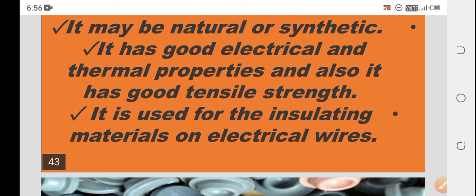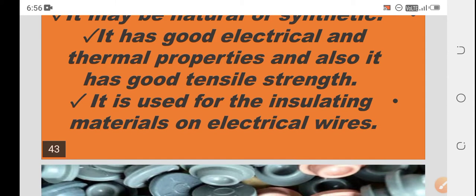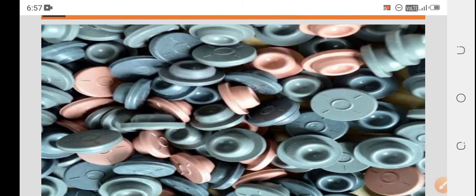It is used as insulating material on electrical wires. So right now the electrical cables are made with this rubber. The copper wire is covered with the rubber, where rubber is working as a good dielectric material. So this is a simple figure for the rubber material.